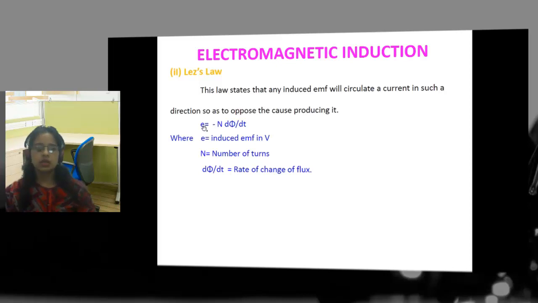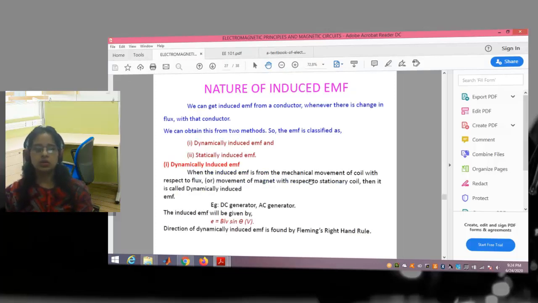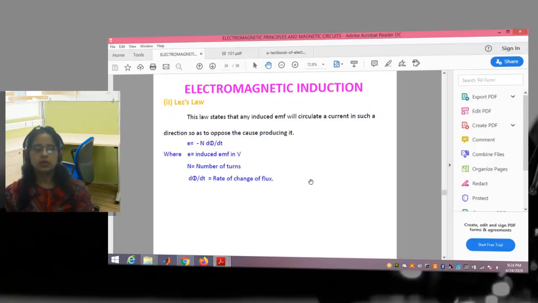So it is E equals minus N dφ/dt, where E is the induced EMF, N is the number of turns, and dφ/dt is the rate of change of flux. So these are the two laws associated with electromagnetic induction.